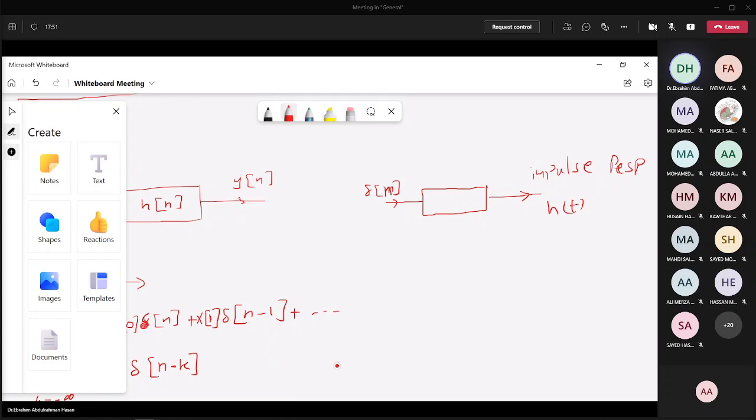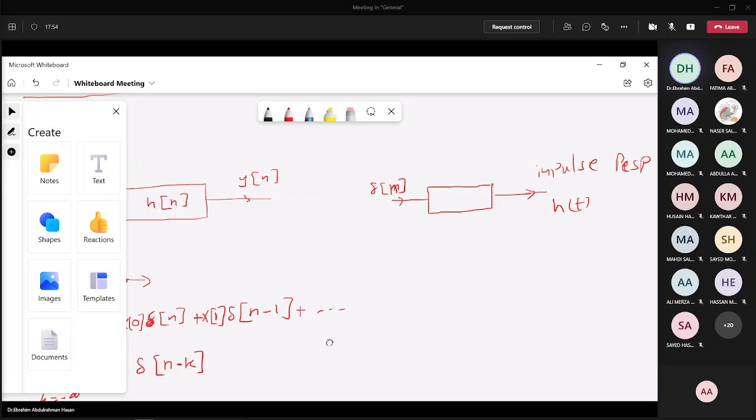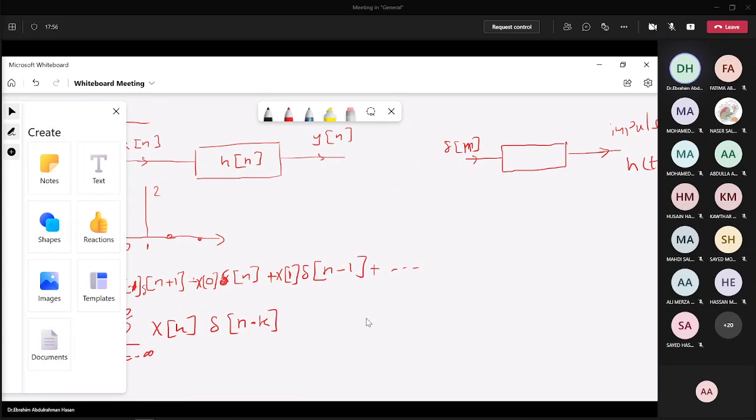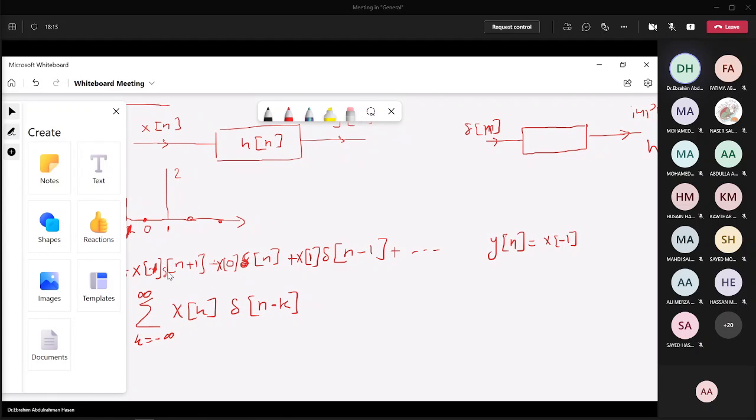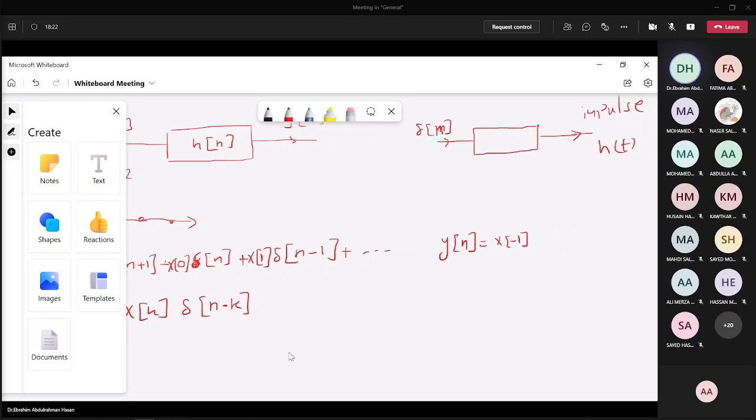If we have only this 3, then y of n equals the output from here. So this is constant, x of minus 1. If the input is delta, then we will get h. If the input is equal to delta n minus 1, then we will get h of n minus 1, or plus 1 here.